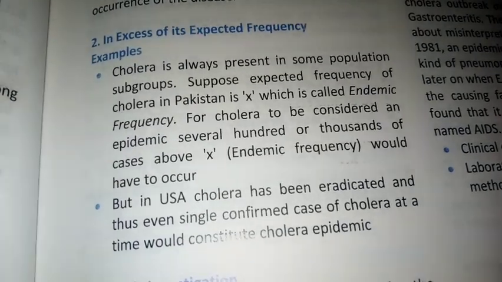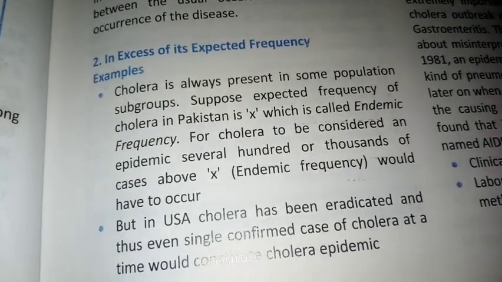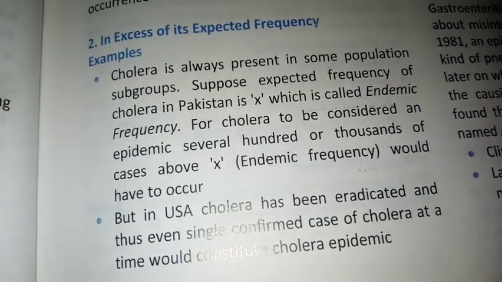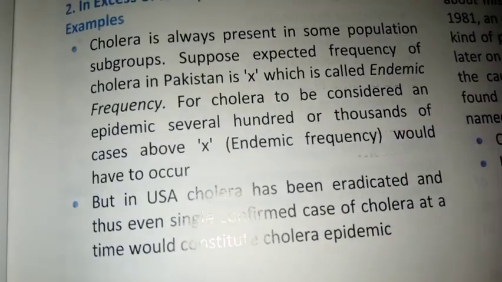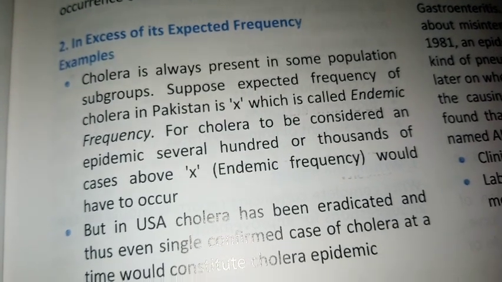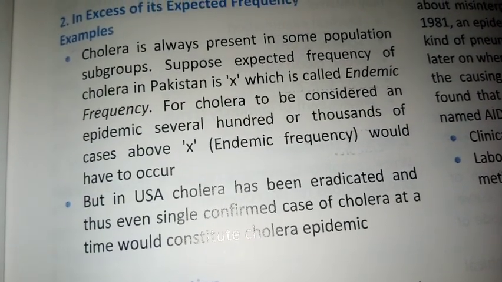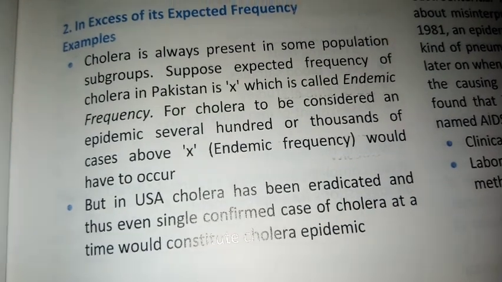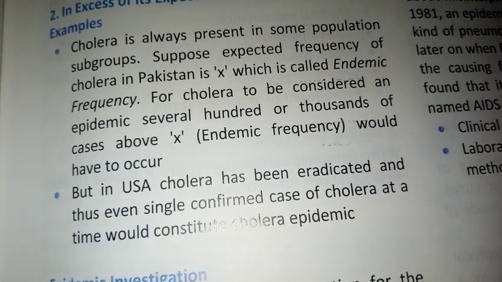And here we will talk about in excess of expected frequency. Example: cholera is always present in some population subgroups. The expected frequency of cholera in Pakistan is X, which is called the endemic frequency.